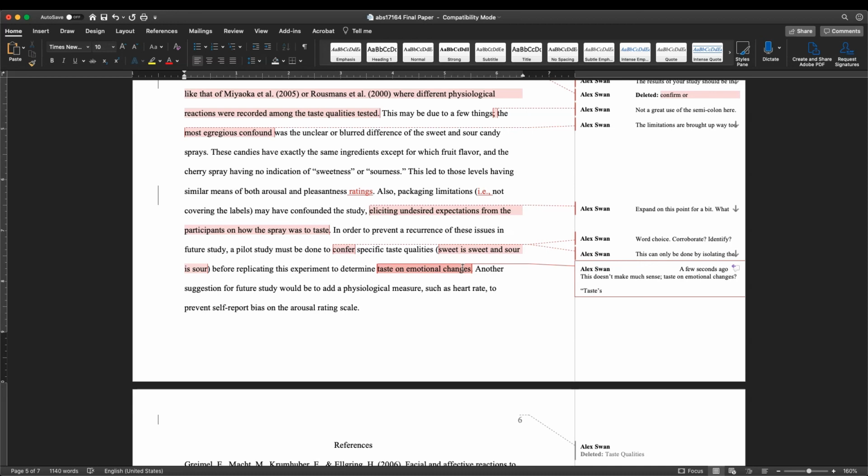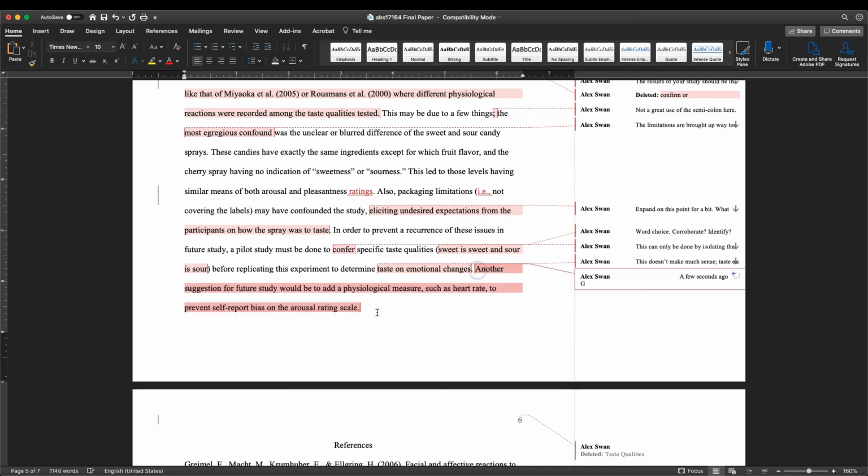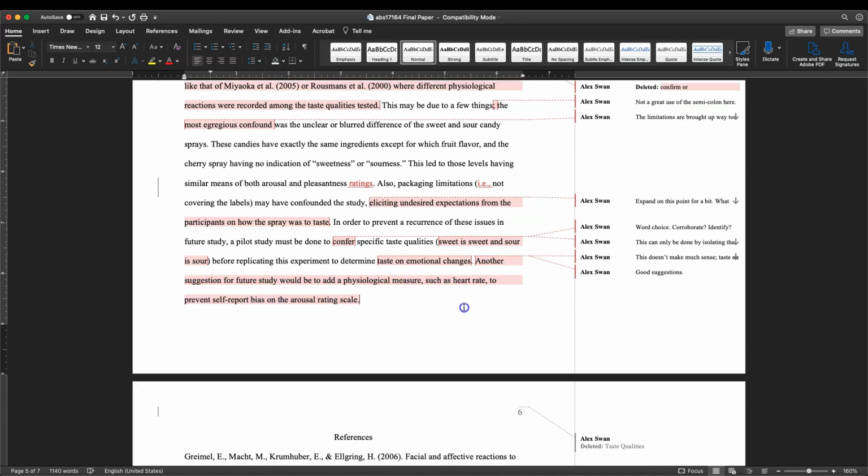And then I also note that if you want to get sweet as sweet and sour as sour, you really gotta make sure that you are only getting that molecule. So you want sucrose water for sweet, something acidic for sour, and then moving on, right?